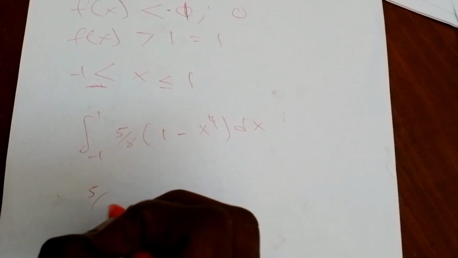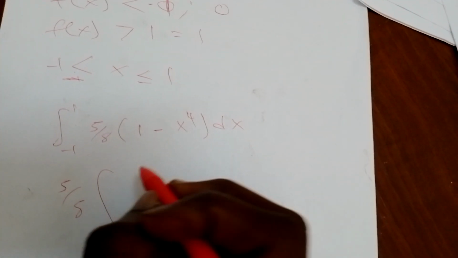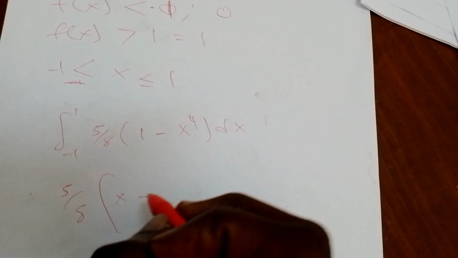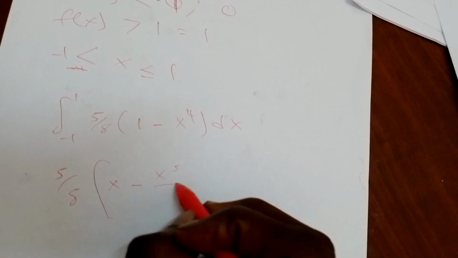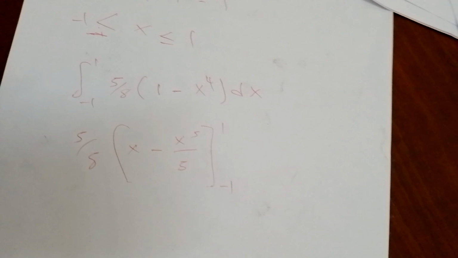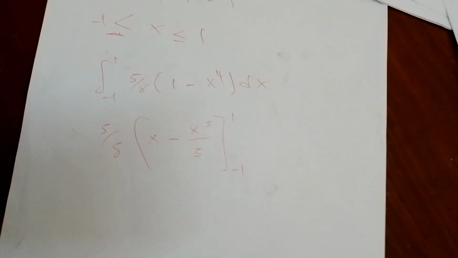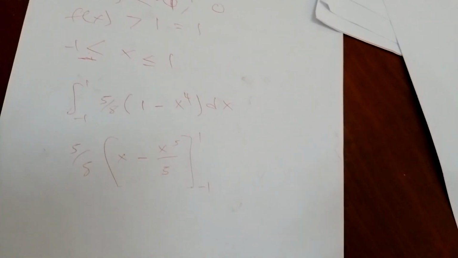So we end up having 5 on 8 times x minus x^5 on 5, from minus 1 to 1. I hope you've noticed that there is some redundancy here.